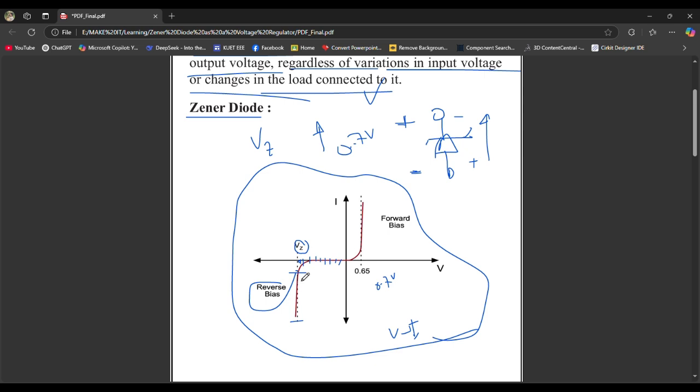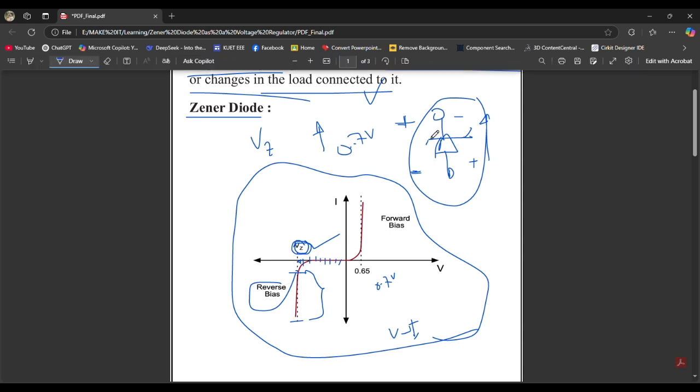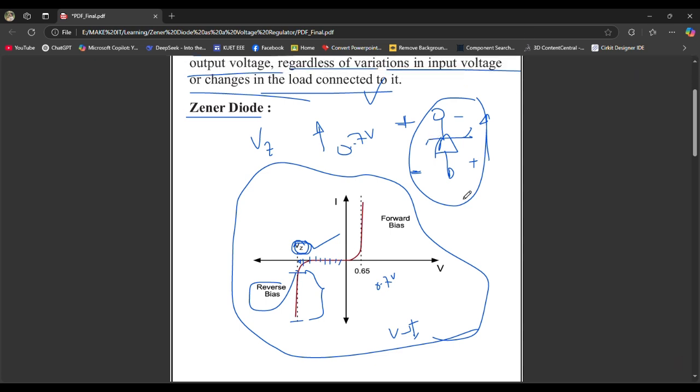Another characteristic we can see from this graph is that it maintains a constant voltage, Vz, while we can vary the current through the Zener diode over a huge range. Using this characteristic, we can make a constant output voltage device, which we call a voltage regulator.